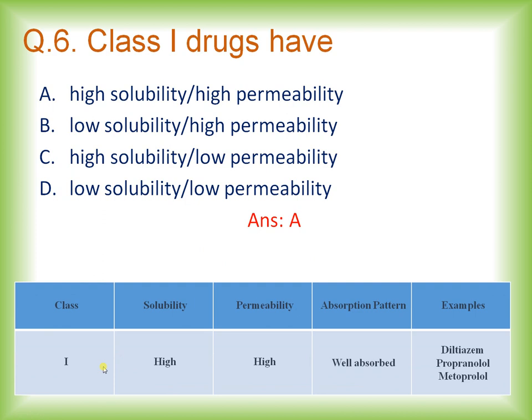So from this table you can see class 1 drugs are the drugs which have high solubility as well as high permeability. So their absorption pattern in the GIT is such that they get well absorbed throughout the whole GI tract. And examples of drugs which belong to class 1 as per BCS include diltiazem, propranolol, metoprolol.